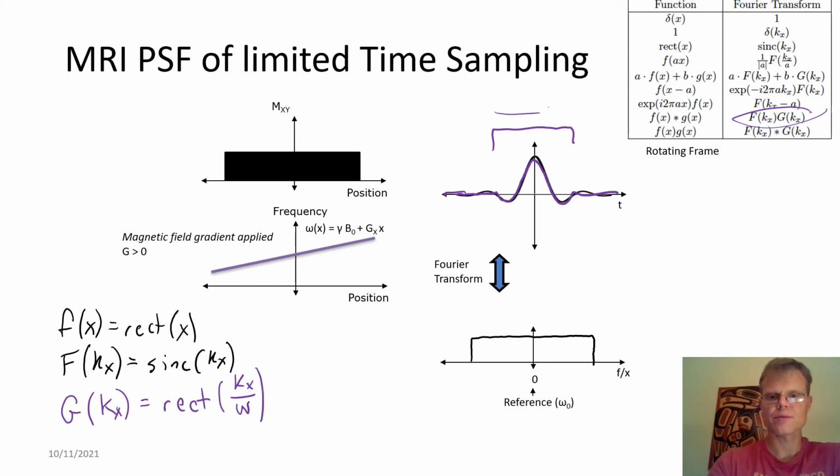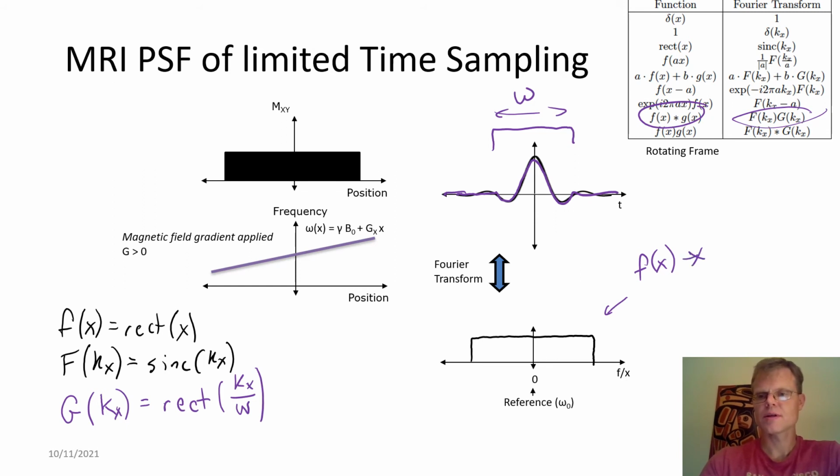And the rect will have some distance w here. So to figure out what's going to happen in the image, we need to know what's going to happen here. It's going to depend on this identity. We're going to have to take our original rect function, convolve it with whatever the Fourier transform is of our sampling operator. Okay, but we can figure that out.